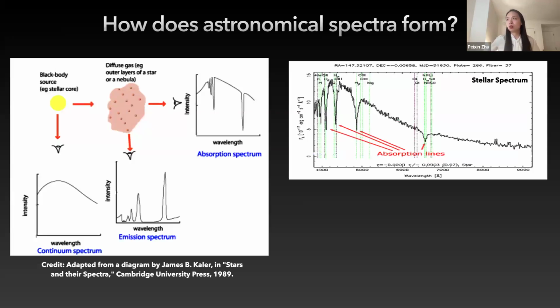But in addition to this black body continuum, you can also observe some absorption lines. By learning how deep these absorption lines are, at what wavelengths they happen, and how broad they are, astronomers can study the stellar atmosphere, as I mentioned. And based on the continuum structure, you can also learn the temperature of these stars.